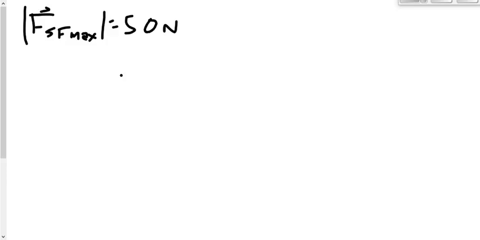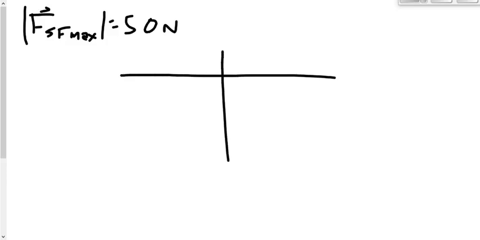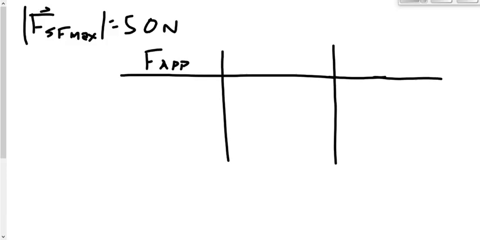My table is going to have 3 columns. My applied force is how hard I push. The force of friction, and then the type of friction, static or kinetic.